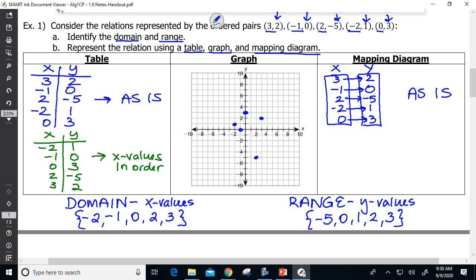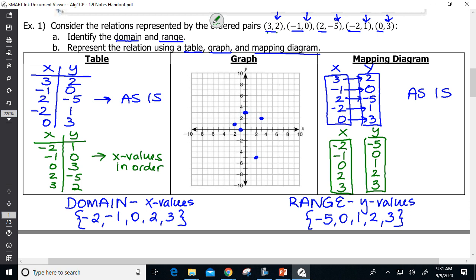So the x values, if you put them in order, there you go. The y values are put in order. You still draw arrows to match everything up.